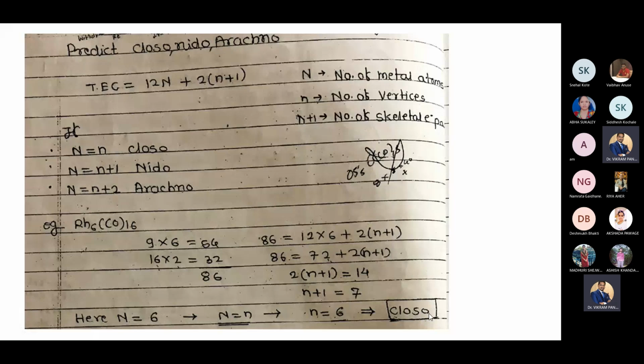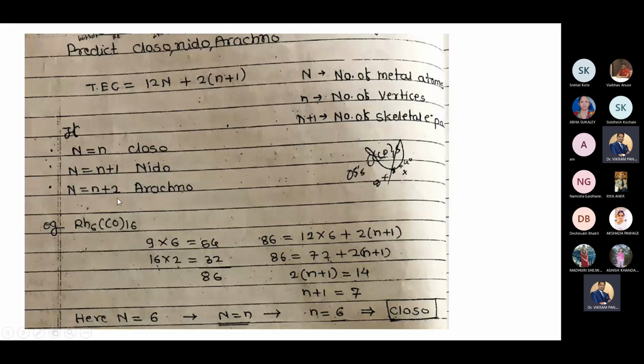What is the question? This question is for 4 marks. Total electron count is equal to 12 into capital N plus 2 into small n plus 1. So you have to just find out the total electron count and the value of small n. You will get the small n's value. You have to compare it with the capital N value, that is the number of metal atoms present in the given formula.